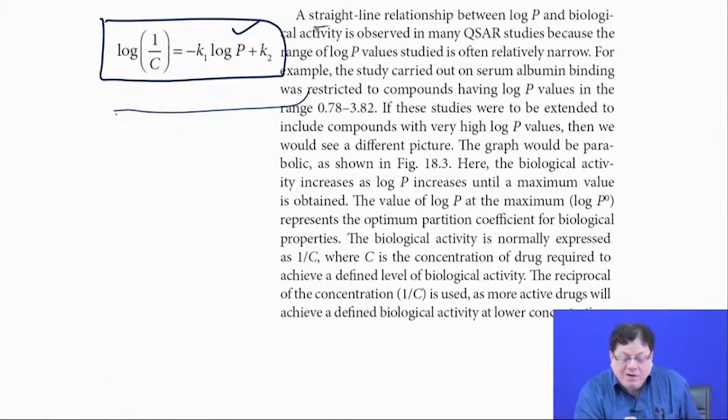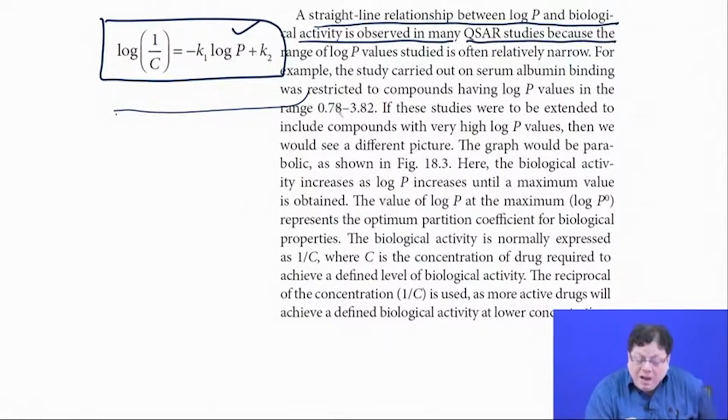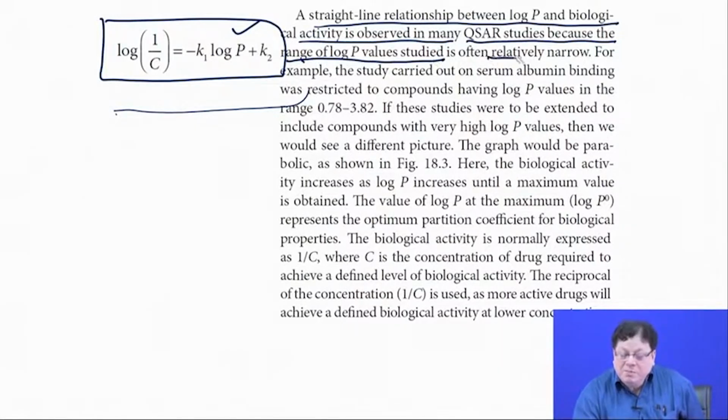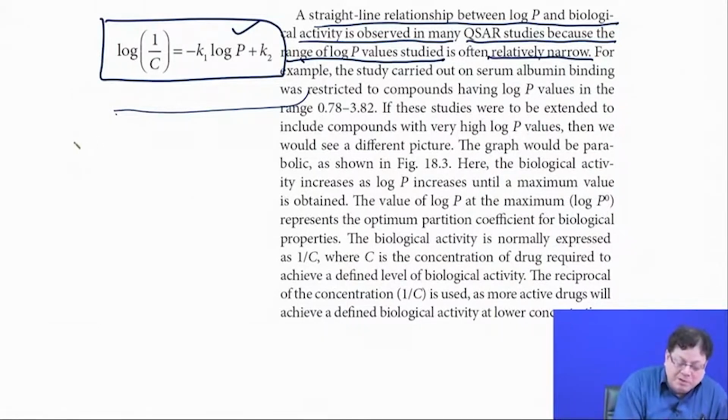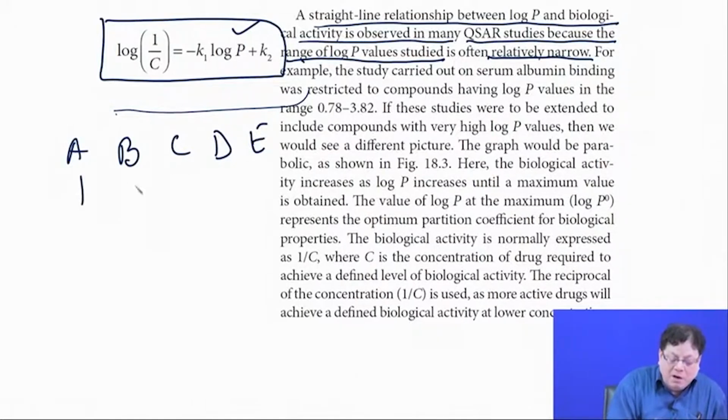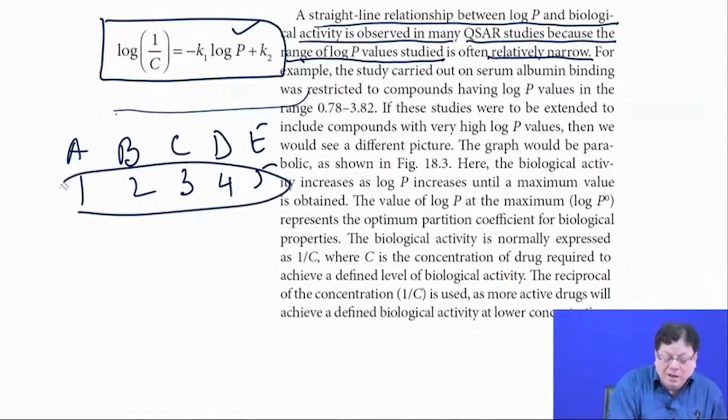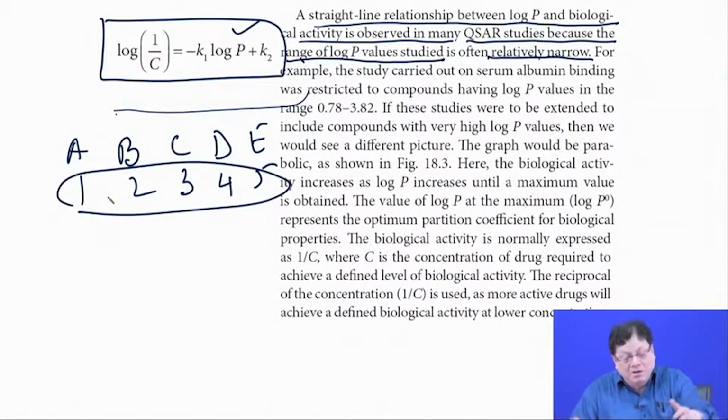It is written here that a straight line relationship between log p and biological activity is observed in many QSAR studies, but only over a limited range of log p values, which is relatively narrow. That means a narrow range it holds good, but if you have a wide spread, say you have different molecules A, B, C, D, E, where the log p is 1, 2, 3, 4, 5, that is a very wide range of difference, because remember this is log.